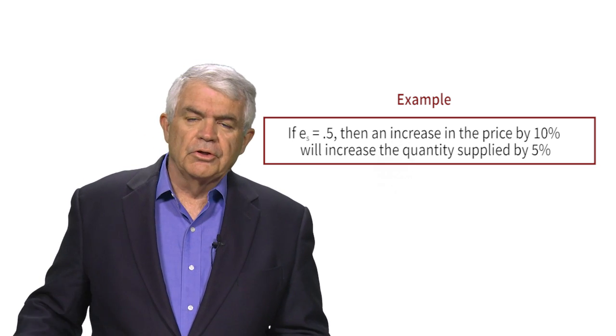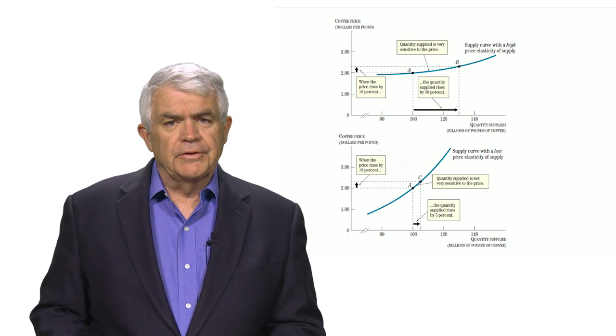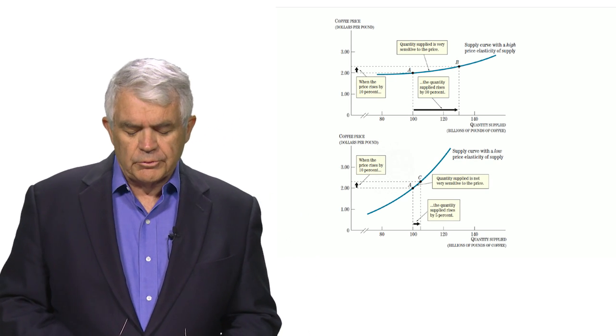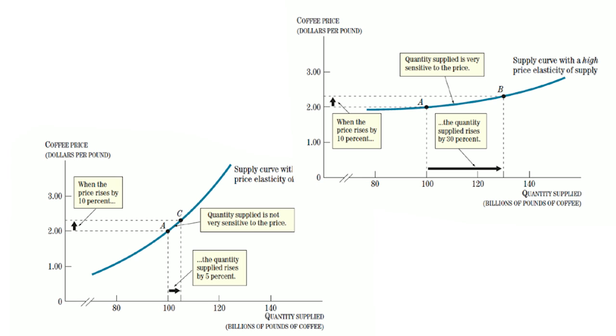In this case, you can also illustrate it with the curves. So let's look at the supply curves. These are the upward sloping lines that we've discussed earlier. And I'm comparing two different price elasticities of supply in this diagram. In the top diagram, there's a situation with a very high price elasticity of supply.